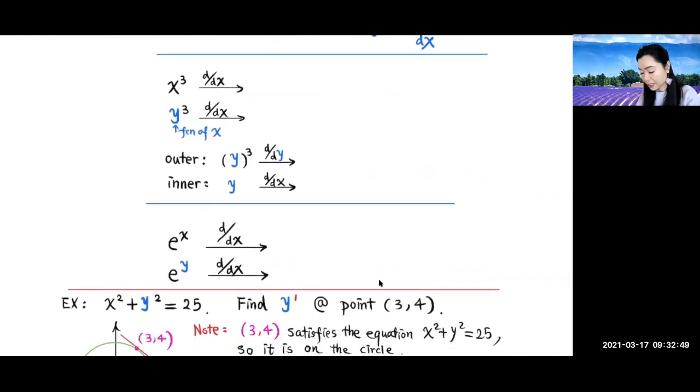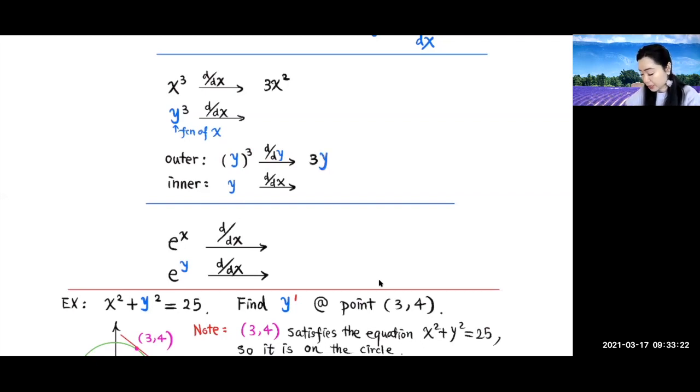Okay, now another one. X cubed, if I differentiate that with respect to x, I will get 3x squared. If I differentiate y cubed with respect to x, again, if I break it down in steps, this is a composition of this outer function with this inner function. Differentiate this outer function with respect to y, I will get 3y squared.